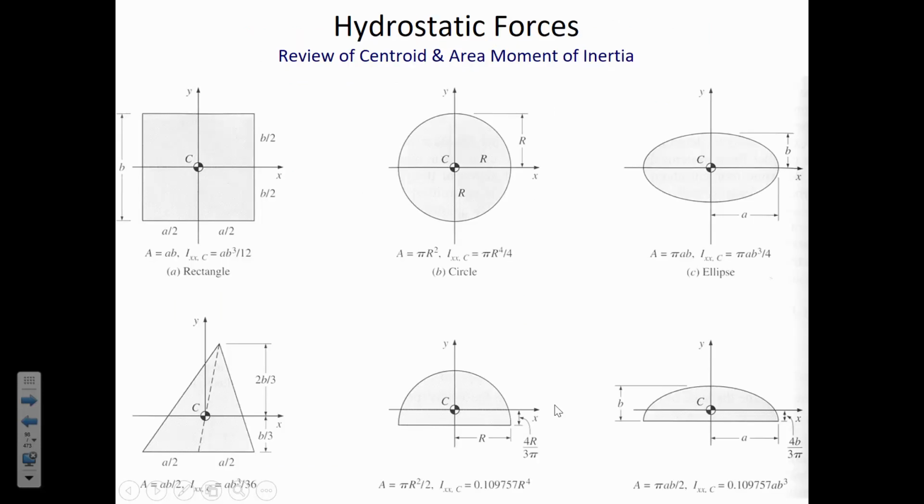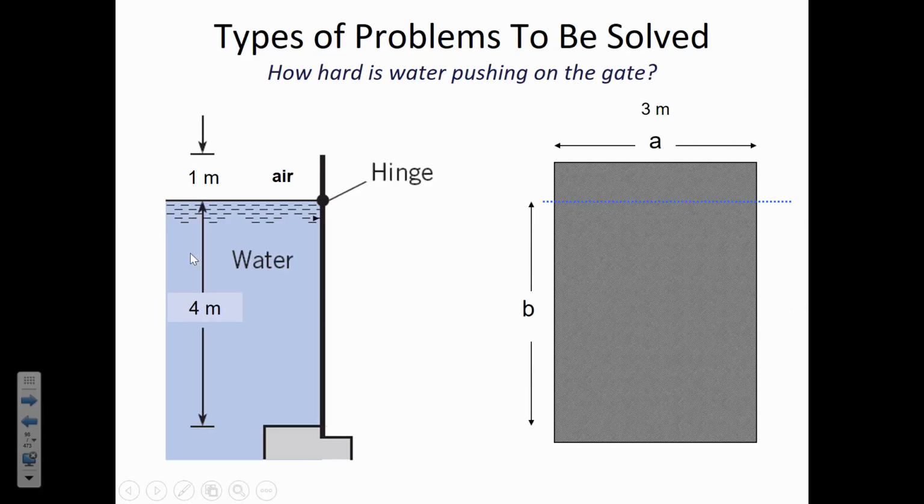And the reason for that is if we go back to these area moment of inertia formulas, for a rectangle, the area moment of inertia, I equals AB cubed divided by 12. So if we go back to the sketch of this gate that we're interested in, when we calculate the area moment of inertia, it's the depth parameter that we would cube.